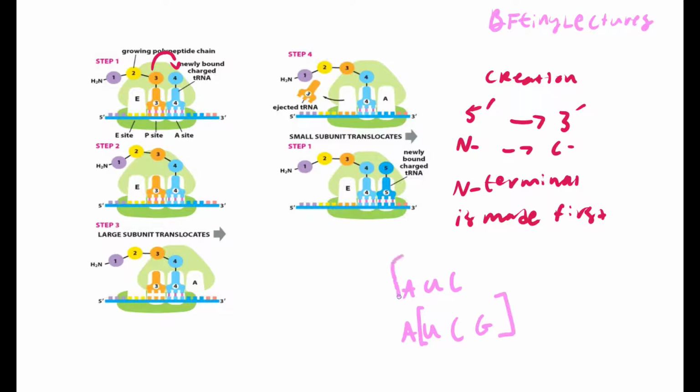So instead of reading AUC, you now read UCG, and that could code for a different amino acid, maybe. But another answer choice could be that the C terminus will become affected. And that would actually be one of the correct answer choices. The other one would be a possible reading frame shift.